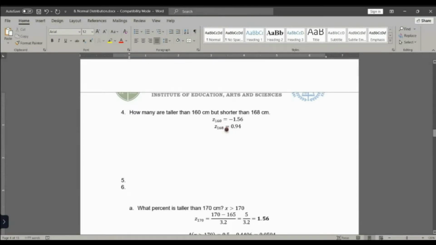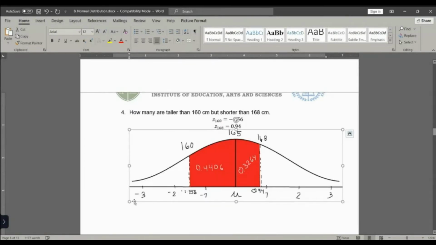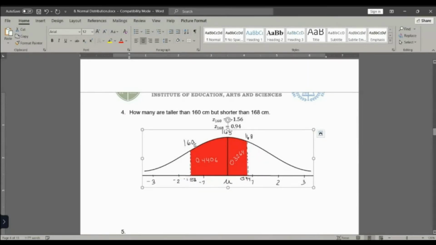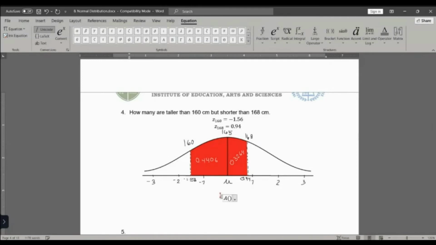Okay, ito yung illustration natin. How do you think we could solve for the area nung shaded region natin? Anyone? The CCA students denoted by the variable x, whose height is taller than 160 centimeters but shorter than 168 centimeters. So not to be confused with the greater than and less than symbols.